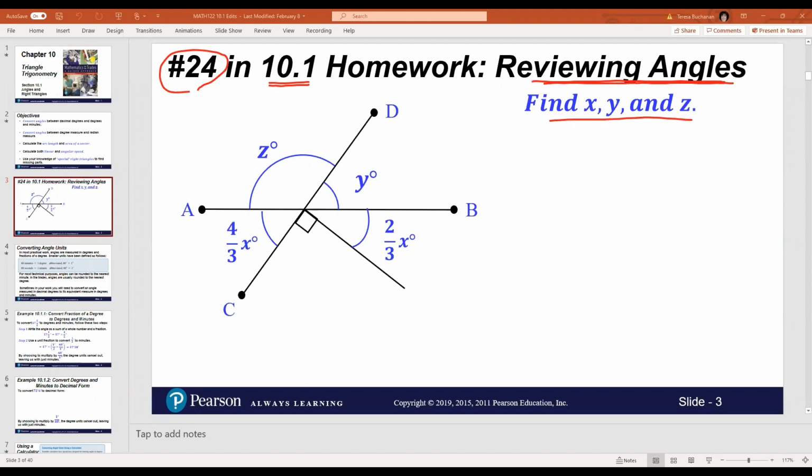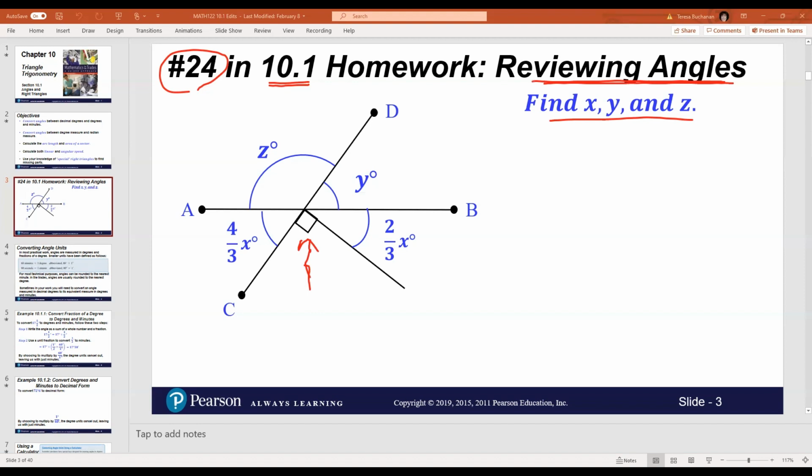So the goal here is to look at that crazy looking diagram and find X, Y, and Z. How would we do that? Well, we might start with the fact that there is one angle in here that we do know, which is 90 degrees right there.